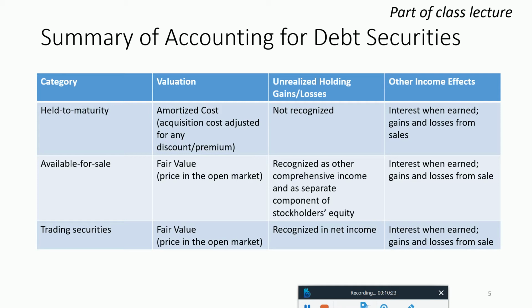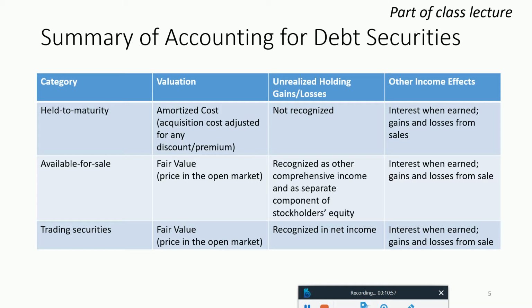I mentioned on the previous slide how for trading securities, the purpose or intent of those securities is to potentially generate short-term gains or income from price differentials. Therefore, changes in the fair value on an unrealized basis, because we still hold on to the security and haven't sold it yet, are recognized into net income on an ongoing basis.